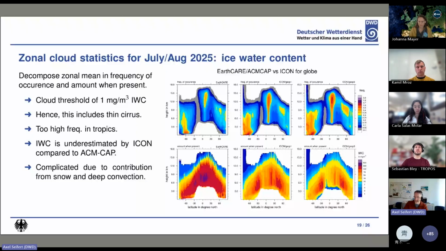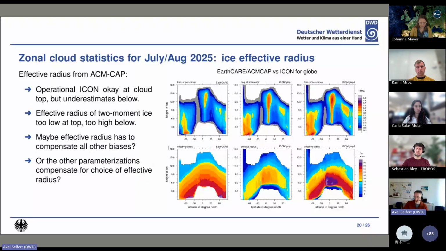For the effective radius, we can see that the observations show a fairly simple vertical structure, with an increase in effective radius going down.